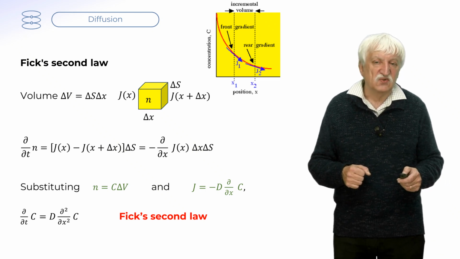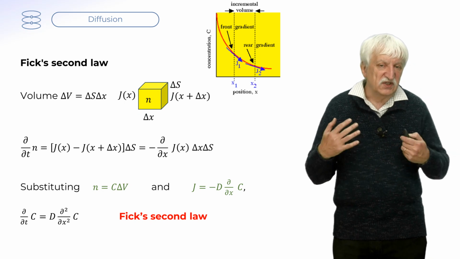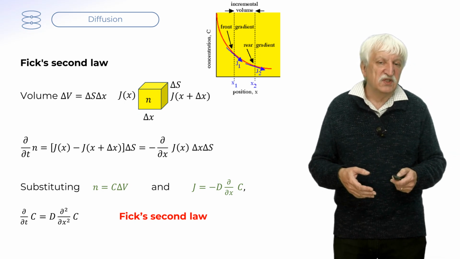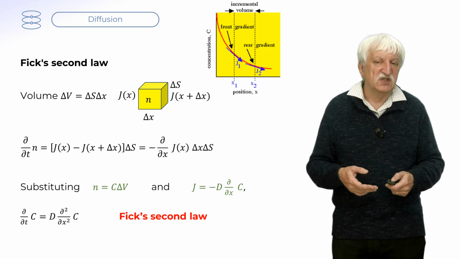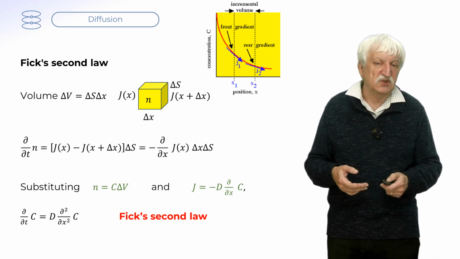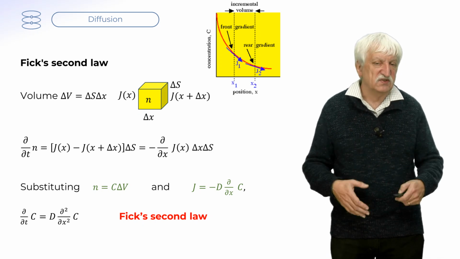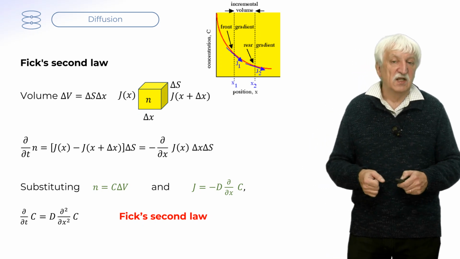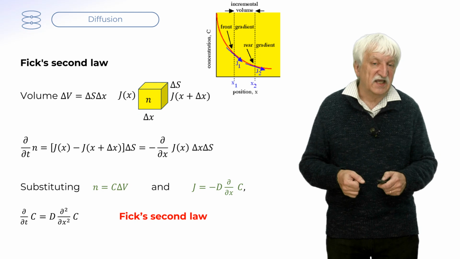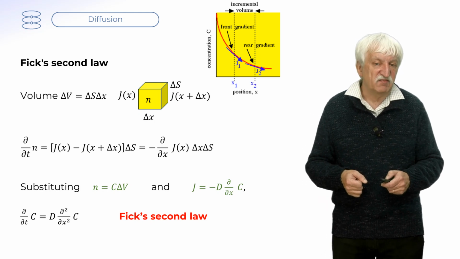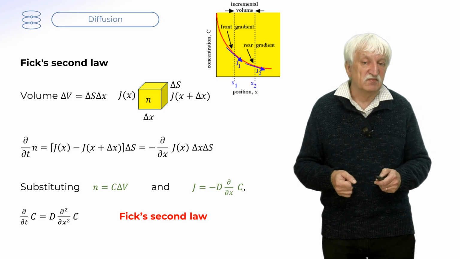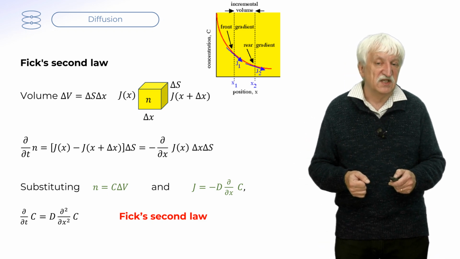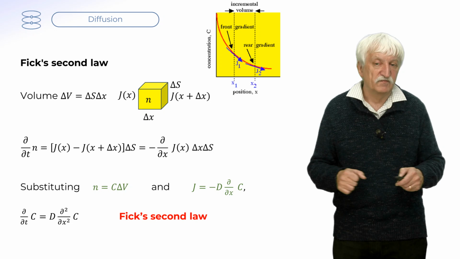So the change of the number of particles in this volume, dN over dt, is proportional to the difference of these fluxes. For small delta x, we can expand the expression G of x minus G of x plus delta x over delta x.